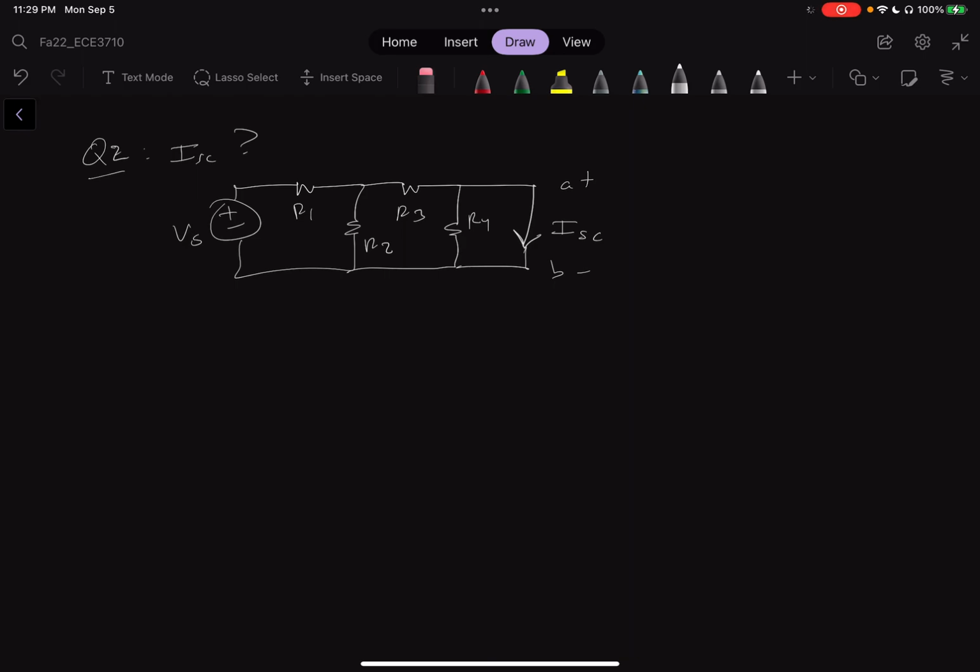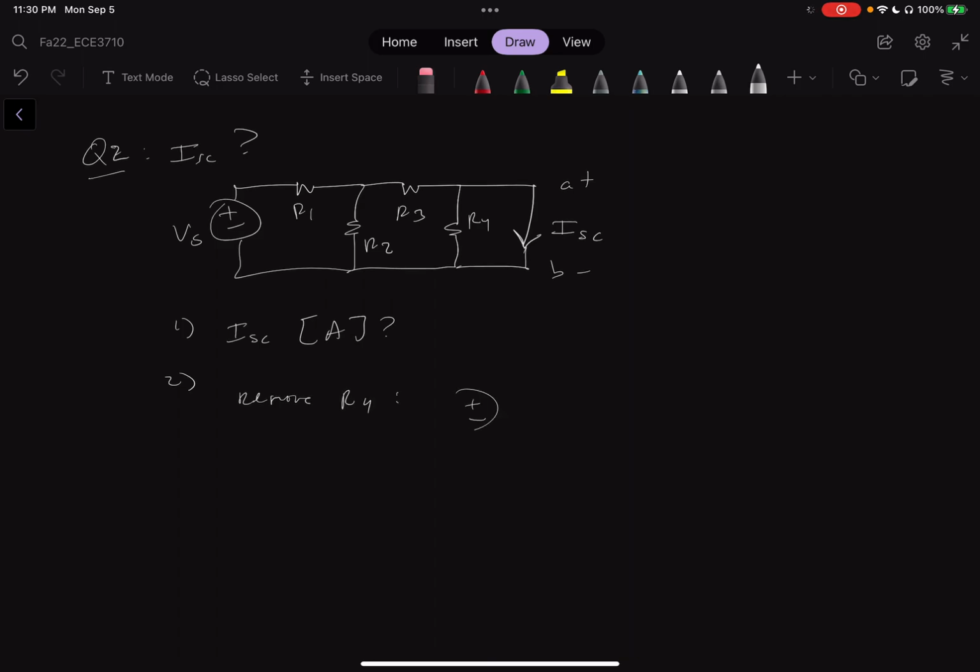First, what are we solving for? We're solving for ISC in units of amps. What can we do? Well, we notice in this region that the short circuit current is in parallel to R4. So we can remove R4 because no current is going to flow through it, because current chooses the path with least resistance. So we redraw, remove R4.